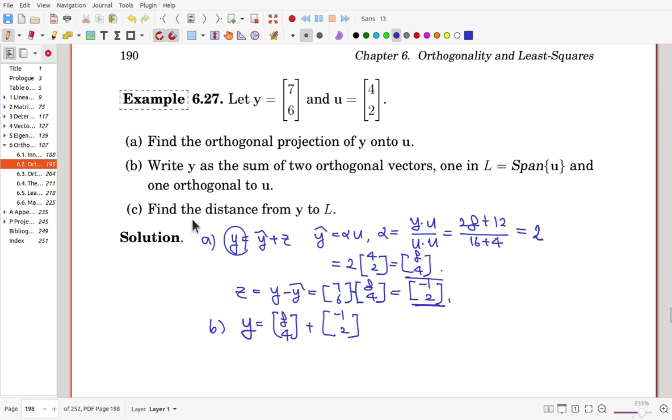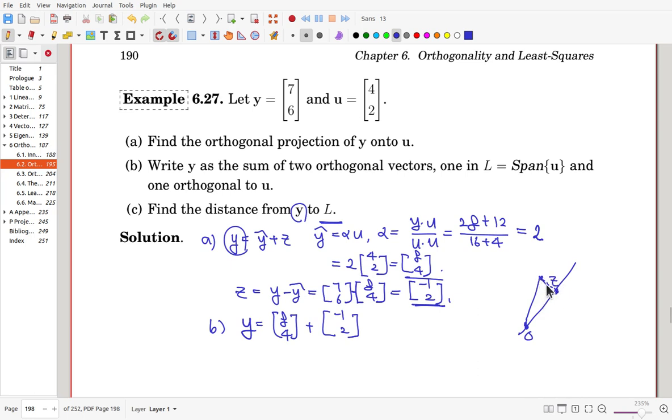Okay, now find the distance from y to L. Here, it is useful to find the distance from a vector to a subspace. Now, the line is drawn and a vector is given in this way, so that this is the origin, and the projection is pictorially this point, so that is now z.